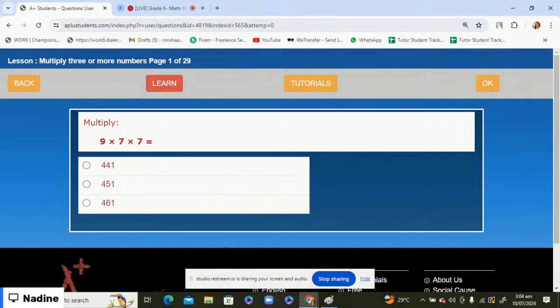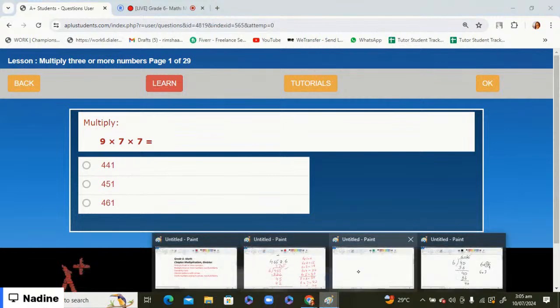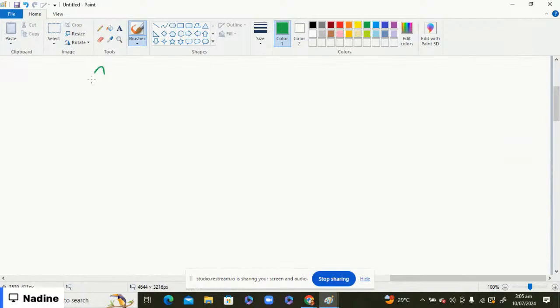Tell me everyone, think about it and then tell me the answer of this one. Now this time you guys tell me the answer. Multiply all these numbers with each other and then tell me what answer you got. Let's do it. 9 times 7 times 7.